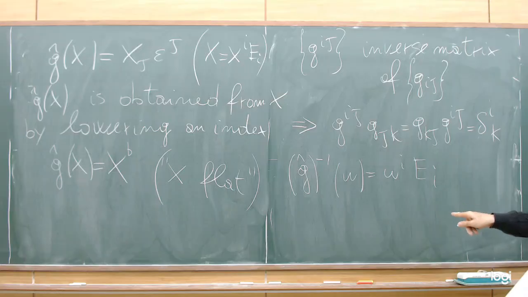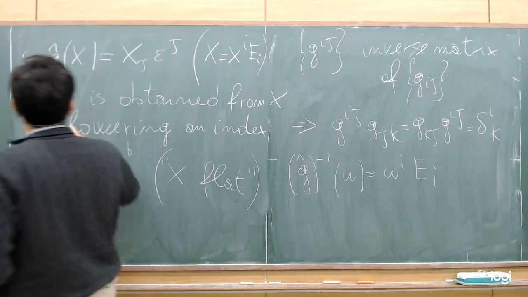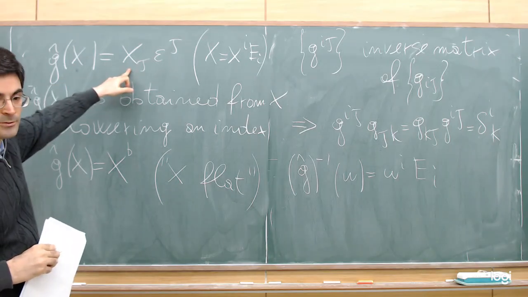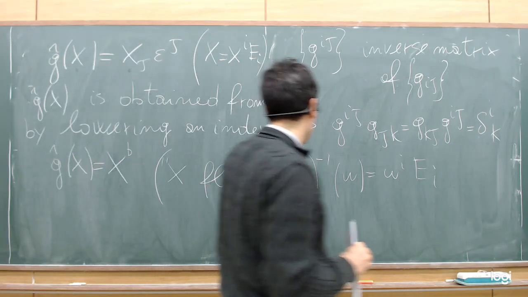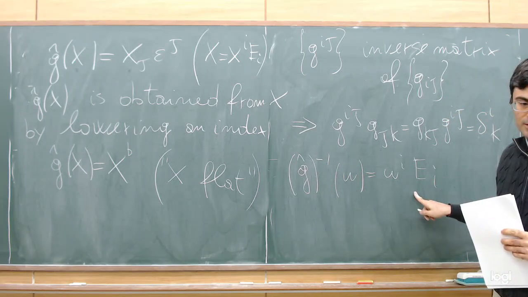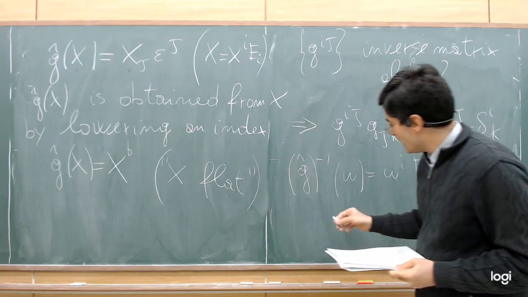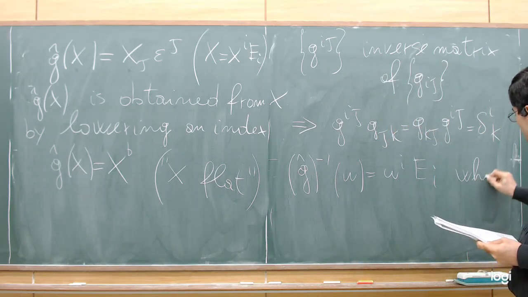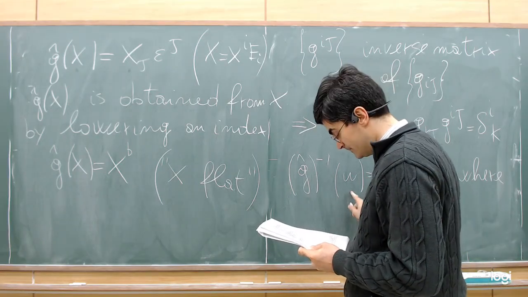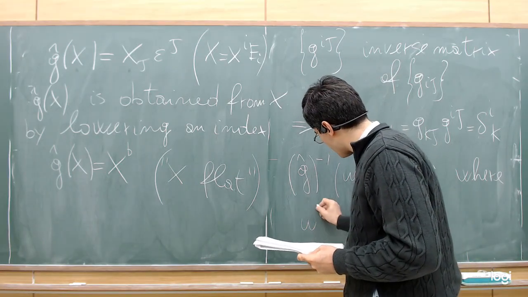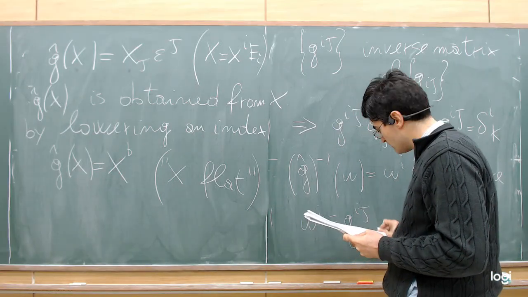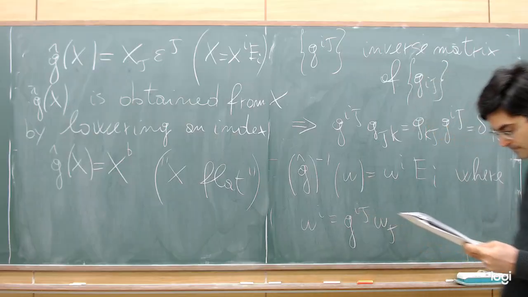This is true because G hat sends a vector field onto a covector field. So G hat inverse sends a covector field to a vector field, where omega^i is G^ij omega_j.